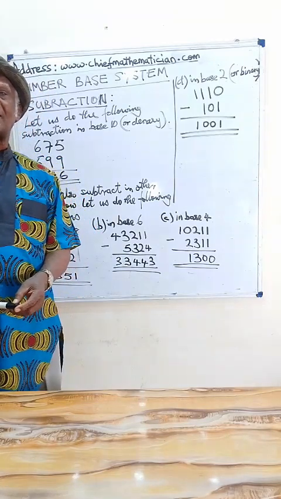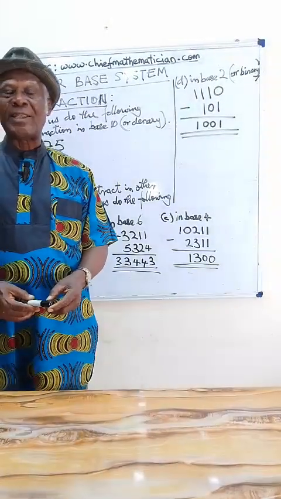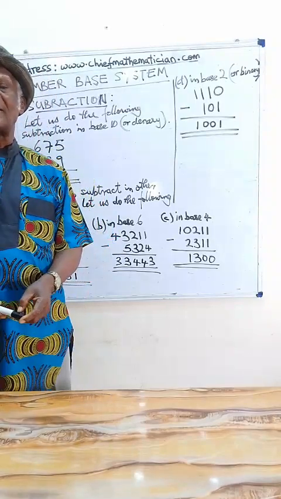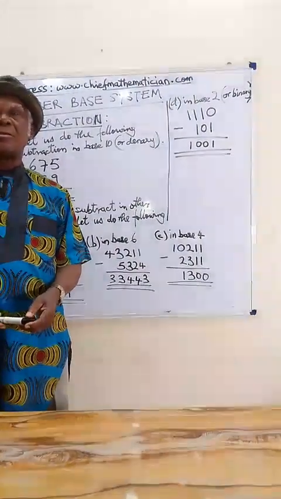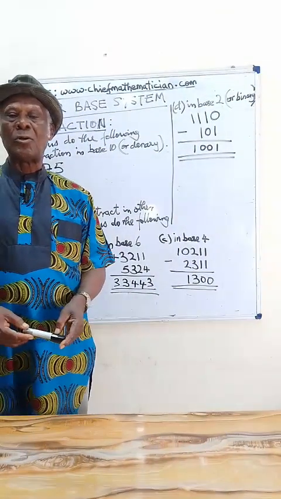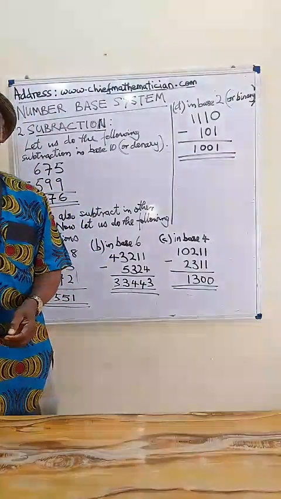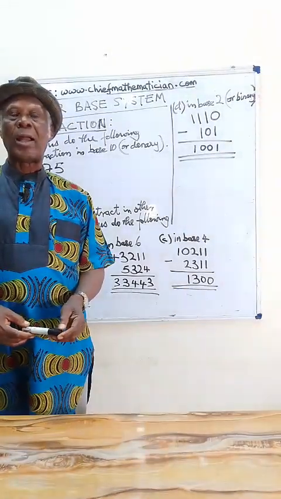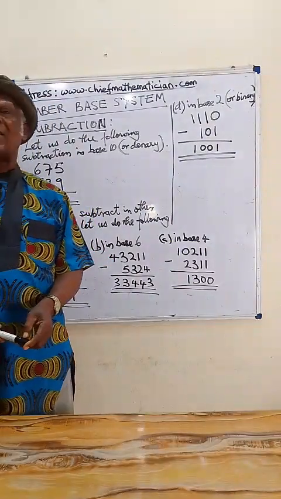You have seen that as we have been doing over the years, we have been doing addition in base 10. In our last lesson, we saw that we can as well do addition in other bases. Today, we are going to look at doing subtraction in other bases.